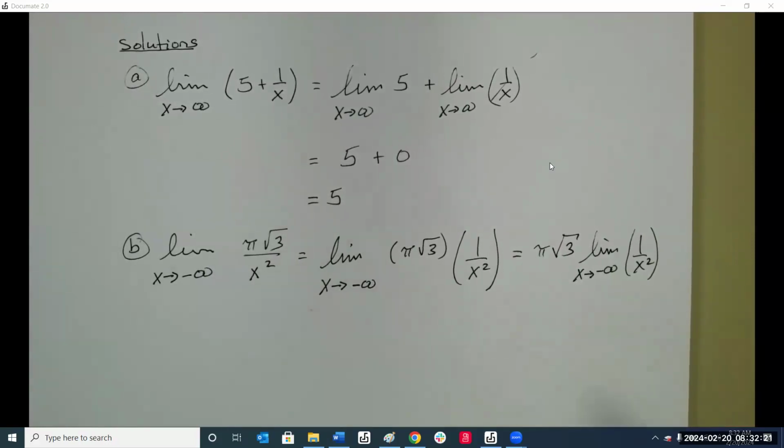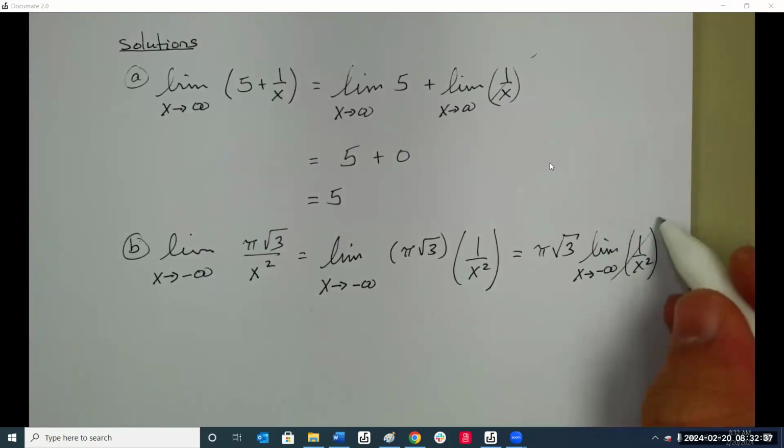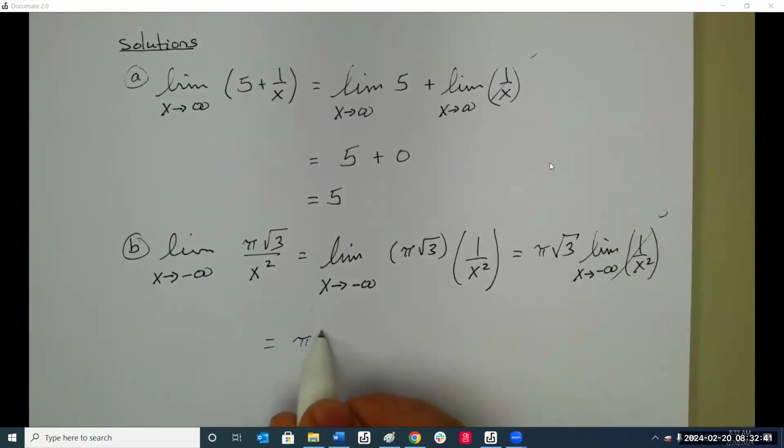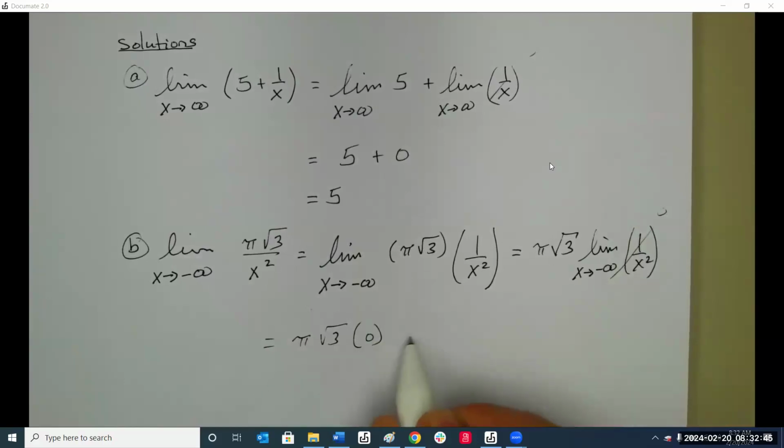So that's a constant multiple. Now we're looking at the quotient rule, where the top is a constant, the bottom is x squared. So as x goes to negative infinity, where does this function go? 0. So we have pi radical 3 times 0 equals 0.